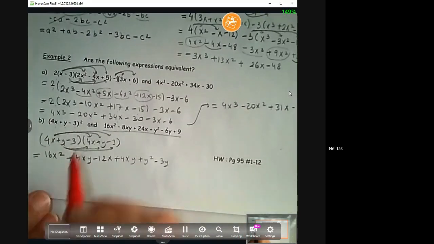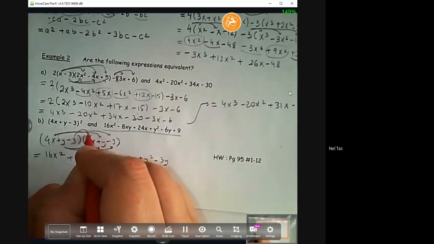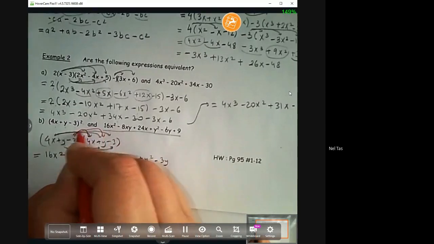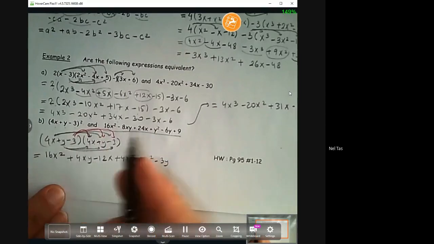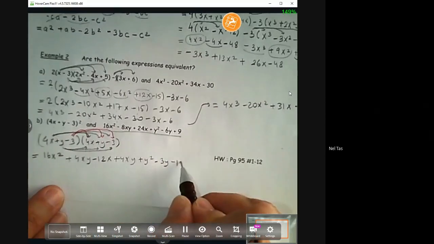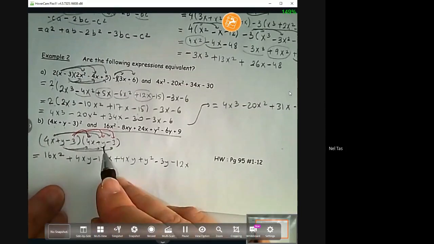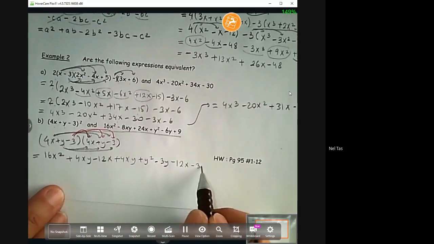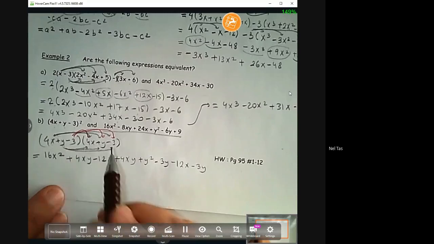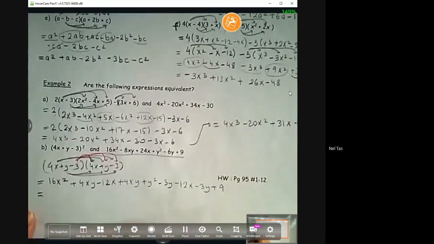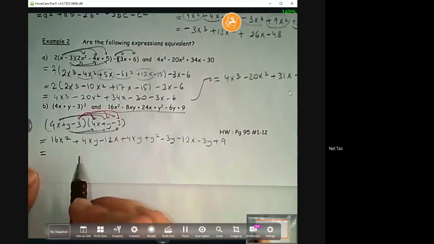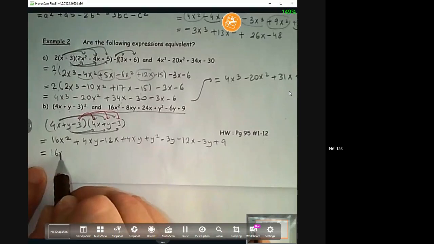Now we still have the third term from the first bracket. So distribute that. So negative 3 times 4x, negative 12x, negative 3 times y, negative 3y, negative 3 times negative 3, positive 9. Now let's collect like terms. So we have 16x squared.